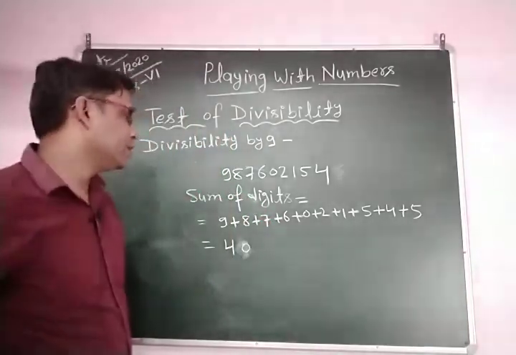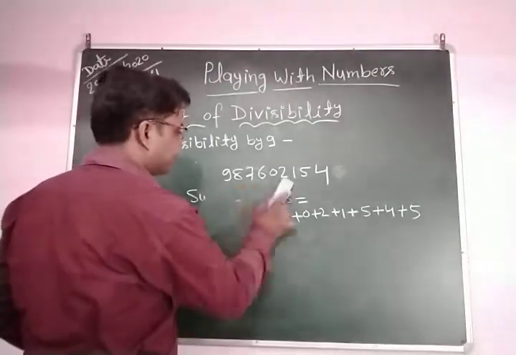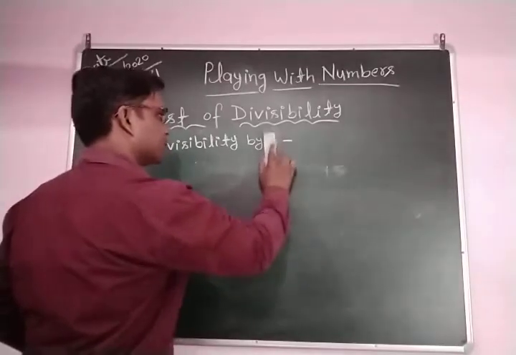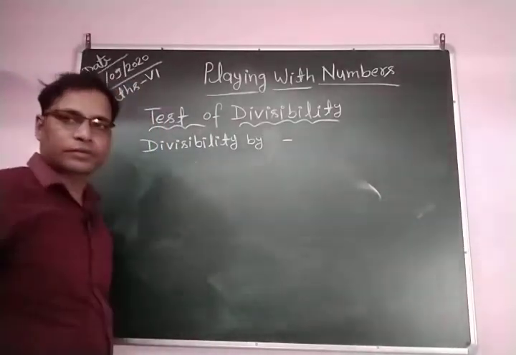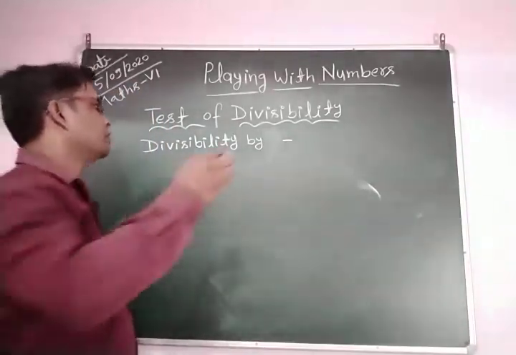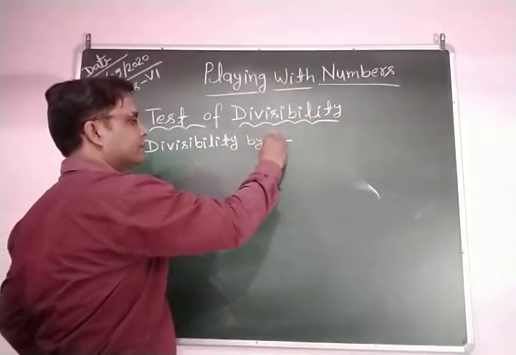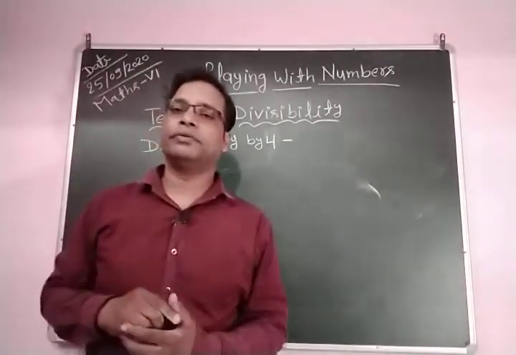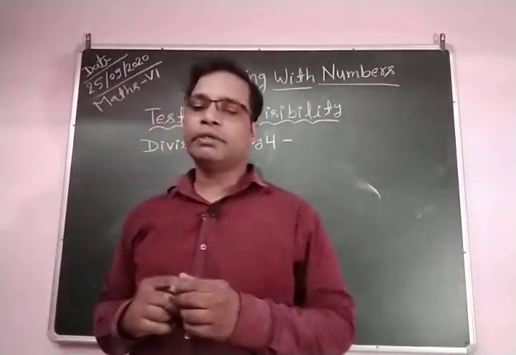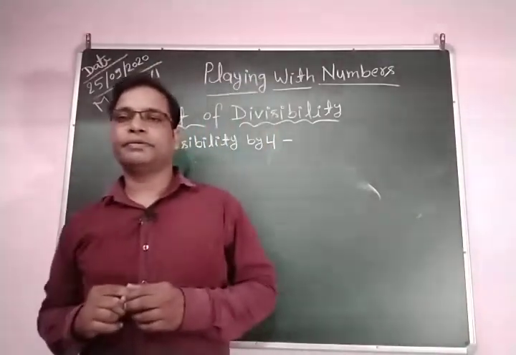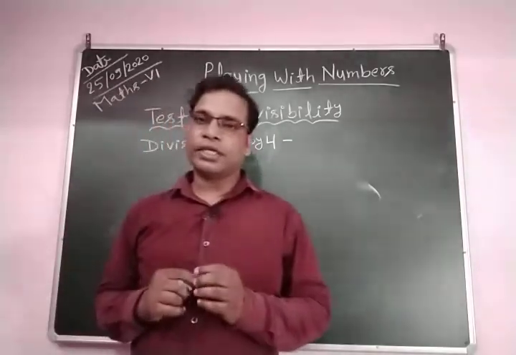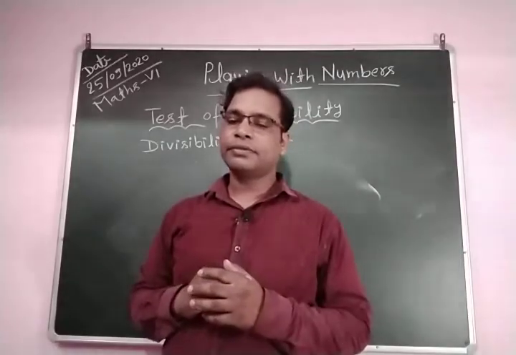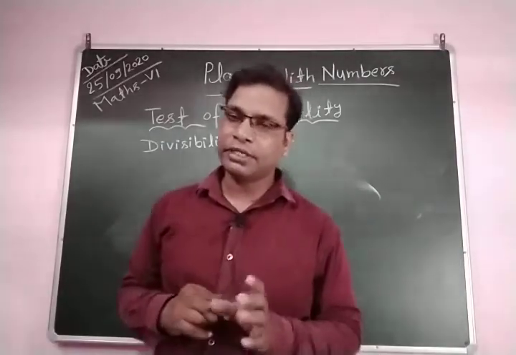Divisibility by 4: a number is divisible by 4 if the last two digits of the number are divisible by 4.